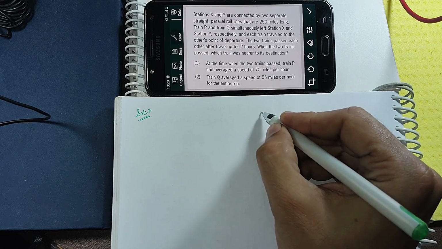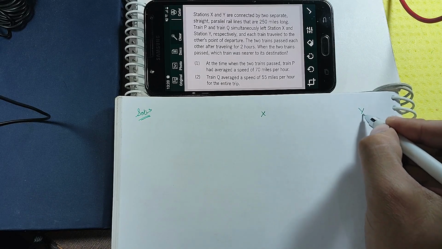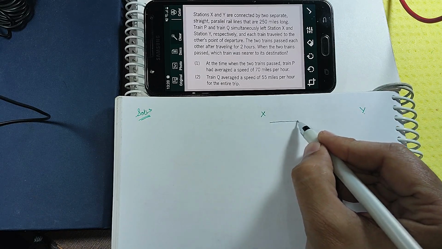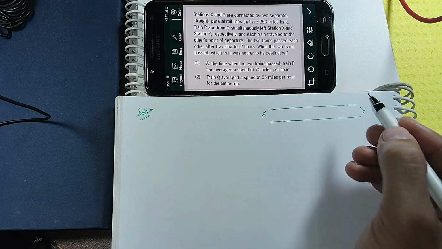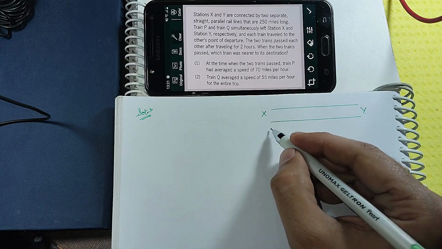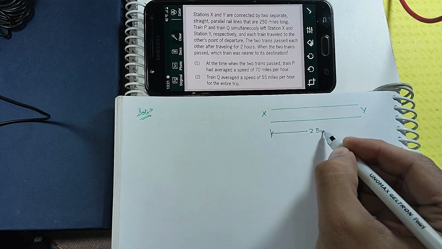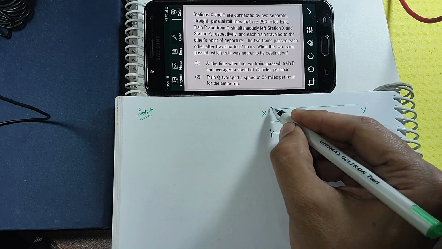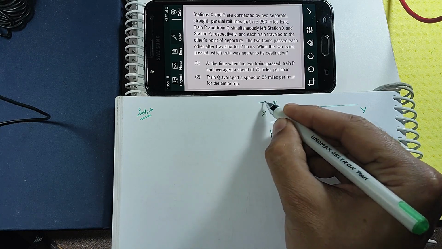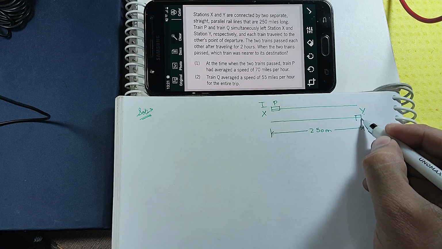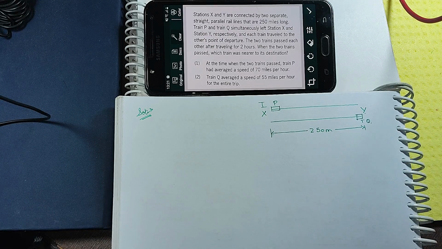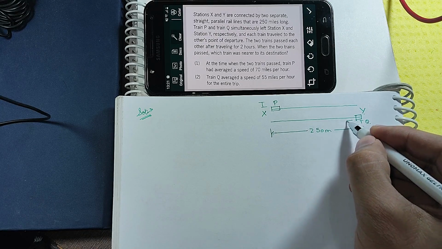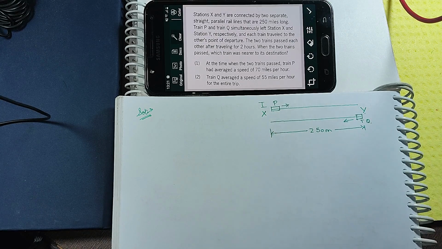So here is station X and here is station Y. Now these are connected by two parallel rail lines, and this distance is 250 miles long, right? Now train P and train Q simultaneously left station X and station Y respectively. So train P left from here, and train Q left from here, and each travels to the other's point. So this is traveling towards this and this is traveling towards this, right?